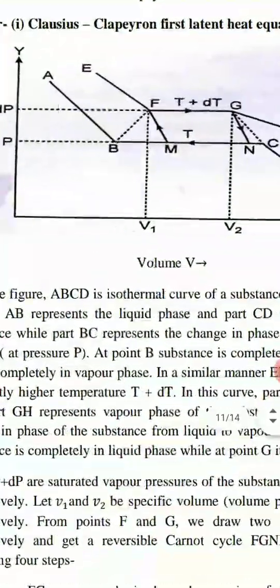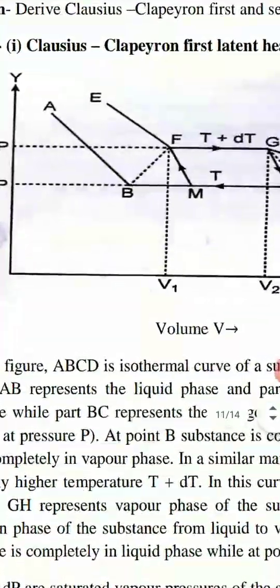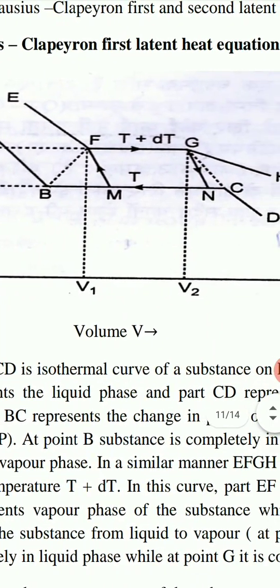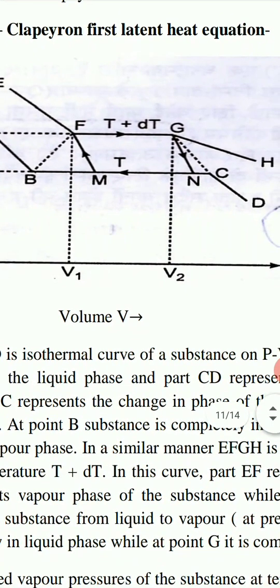To prove Clausius Clapeyron first latent heat equation, we make two adiabatic curves at point F and at point G, and these two adiabatic curves are FM and GN.